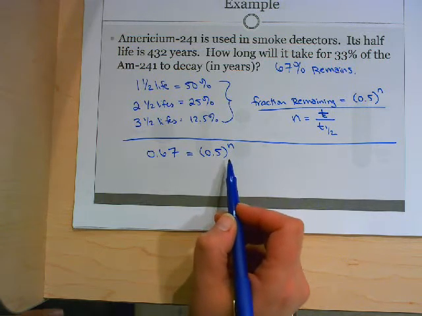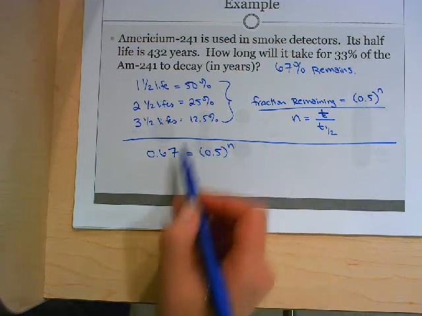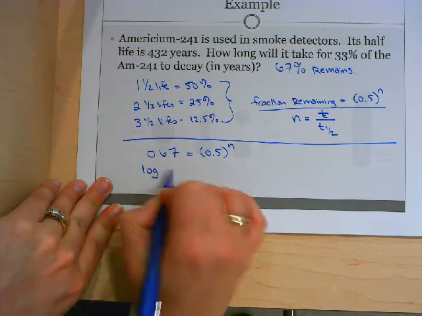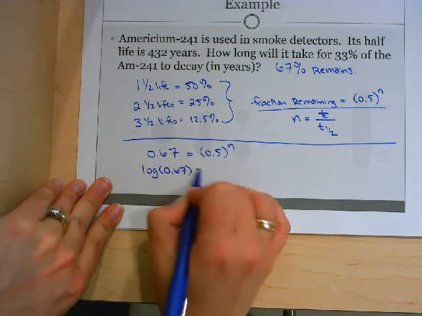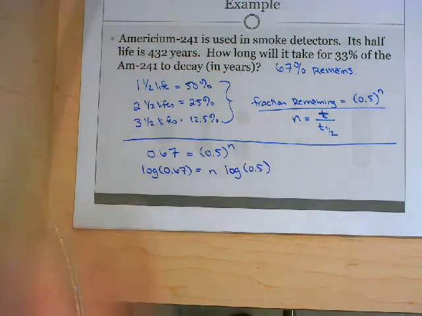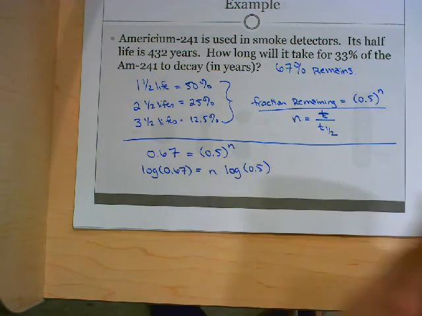So what do we know mathematically that moves the exponent from the exponent to in front of the parentheses? Log. So log of 0.67 equals n log 0.5. So let's see what it comes out to. Log of 0.67.